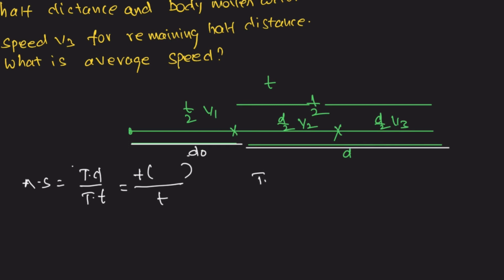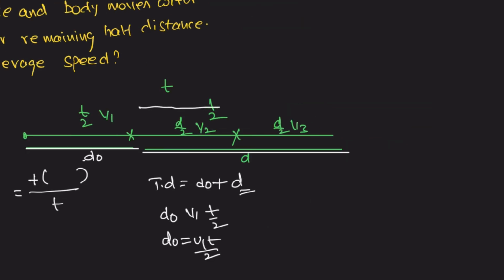So total distance here is d naught plus d. So what is the d naught here? d naught is the distance covered with speed v1 and takes a time t by 2. So d naught is equal to speed into time, v1 into t by 2.